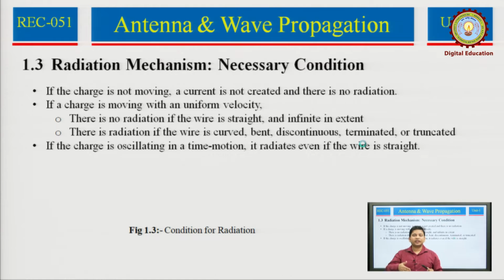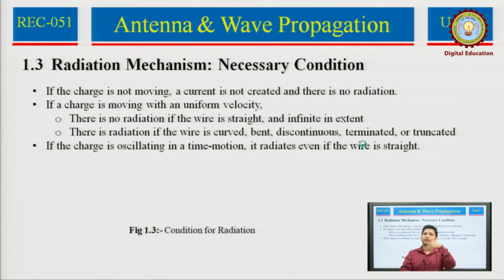Now, if charge is moving with uniform velocity, earlier we said there is acceleration and deceleration, but uniform velocity does not create radiation unless there is some type of discontinuity in the wire. If the wire is straight with uniform velocity, there is no radiation.